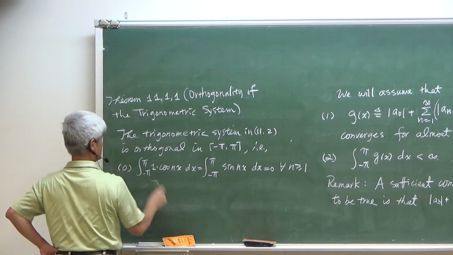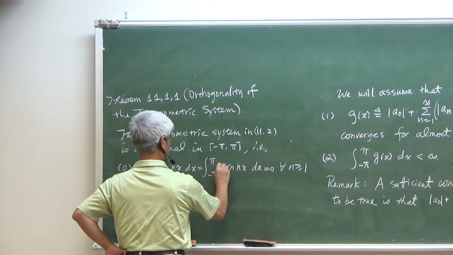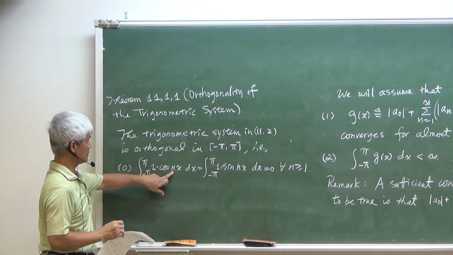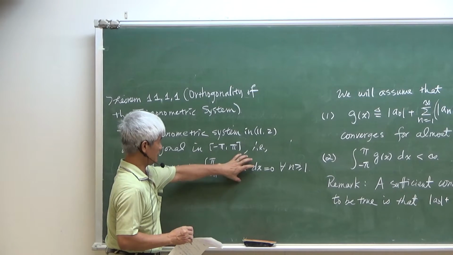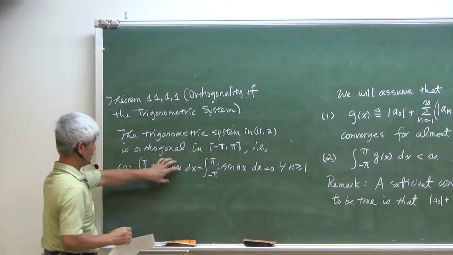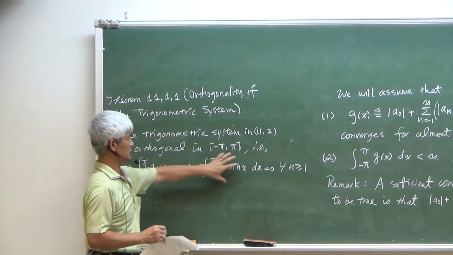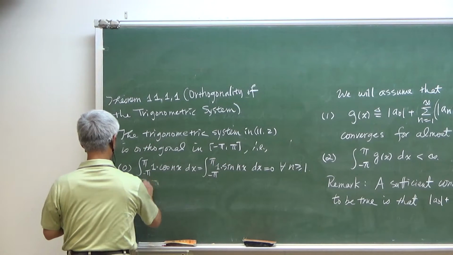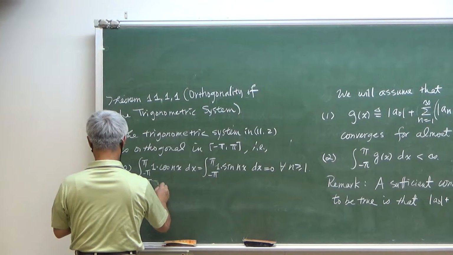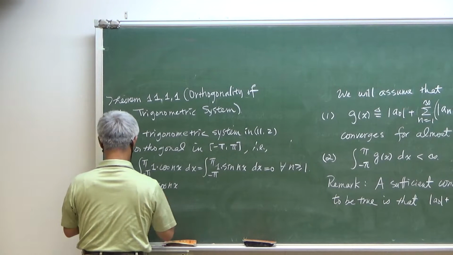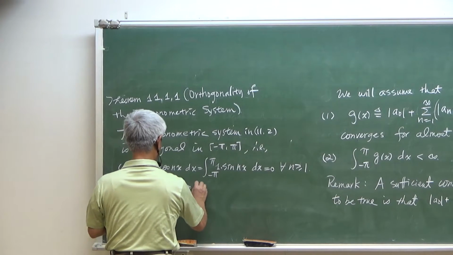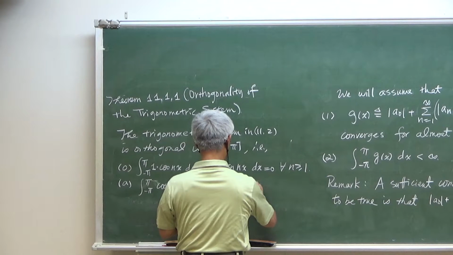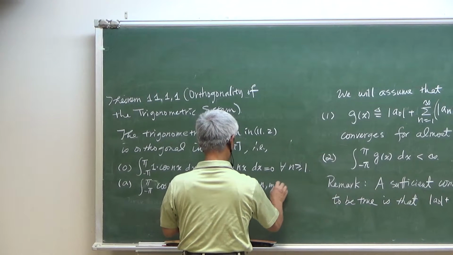1 times 1, okay? So 1 times cosine x, 1 times sine x, okay? And you integrate the product, and you get 0. Then cosine nx times cosine mx, which is equal to 0 for all n not equal to m.